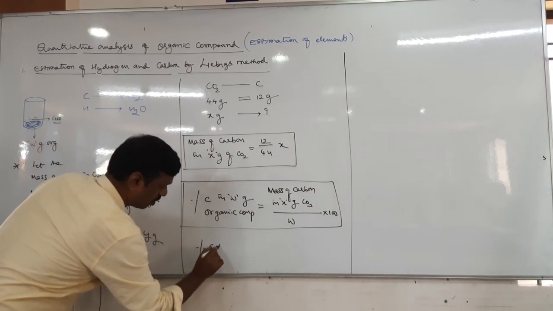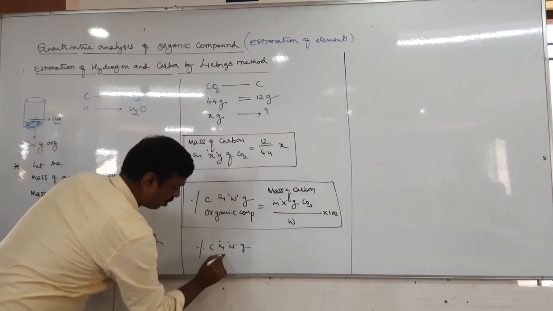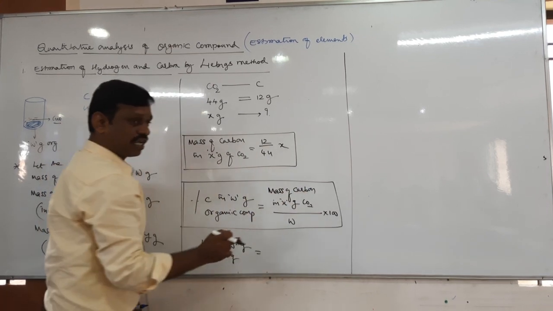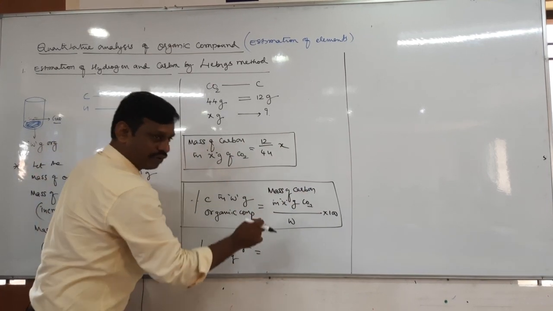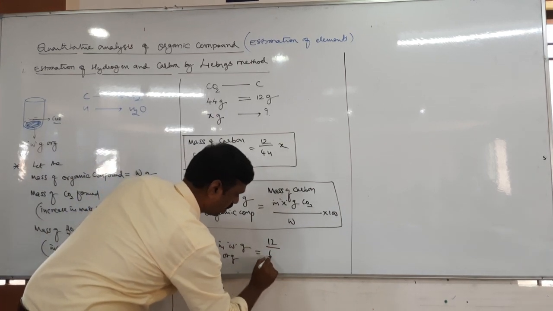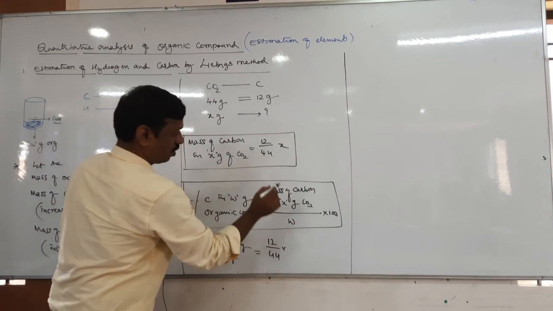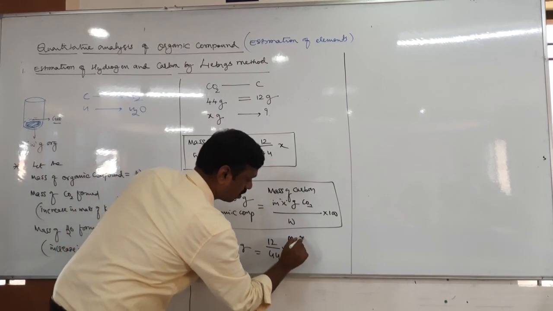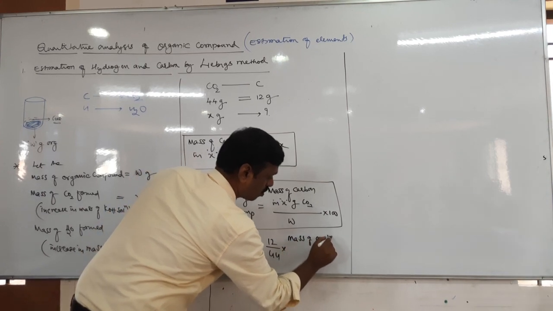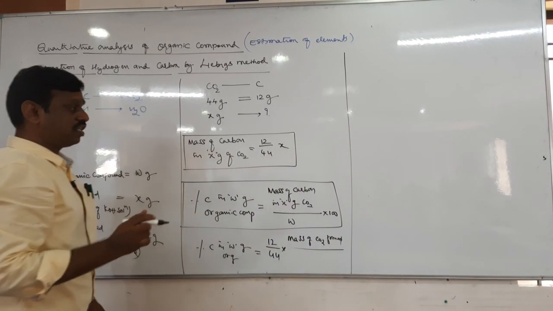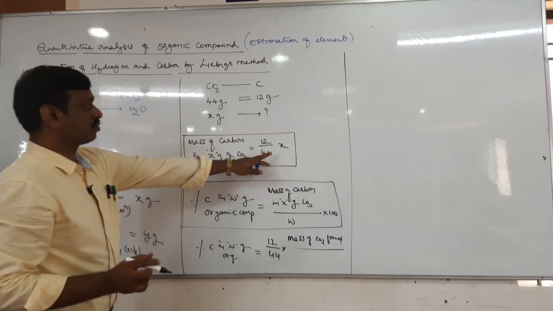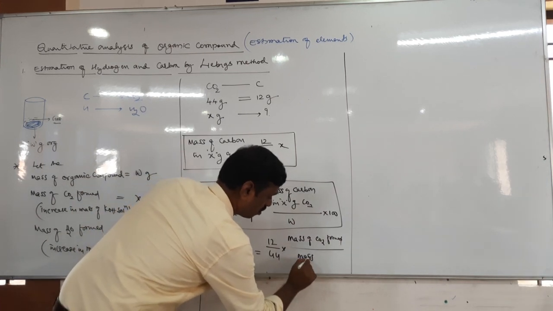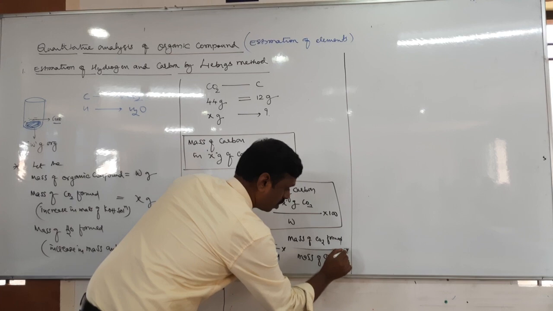Percentage of carbon in W gram of organic compound is also equal to the mass of carbon in x gram of carbon dioxide, nothing but 12 by 44 into x. Now I will write 12 by 44 into x by W. What is x? x is the mass of CO2 formed, divided by the mass of organic compound into 100.